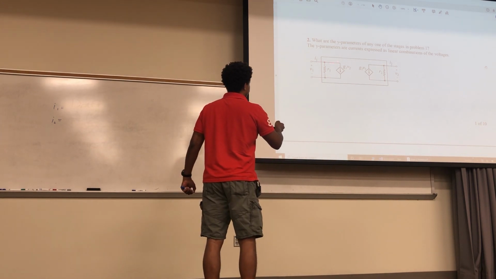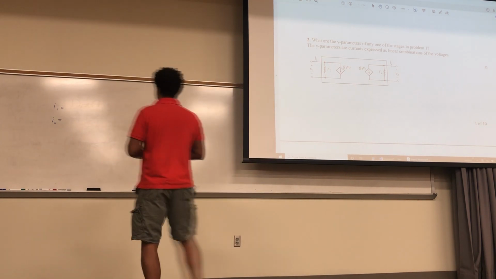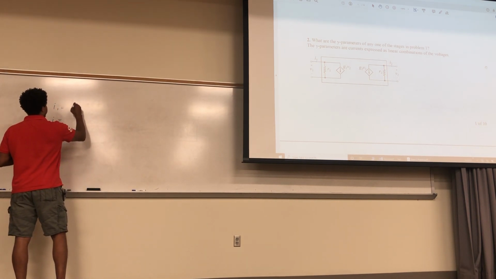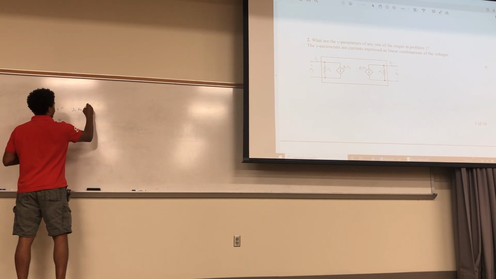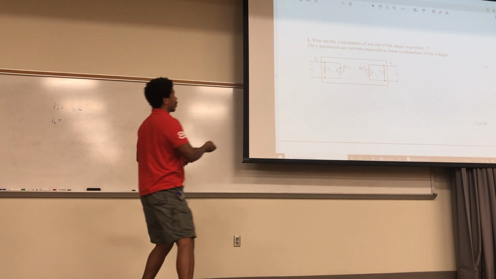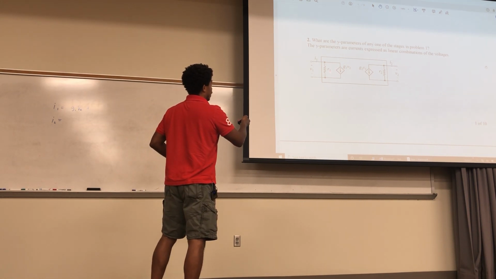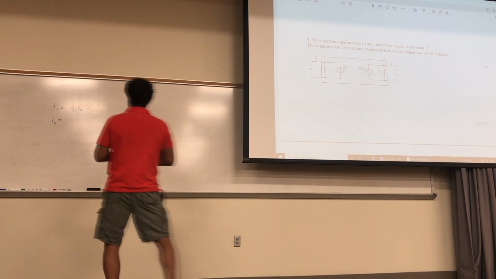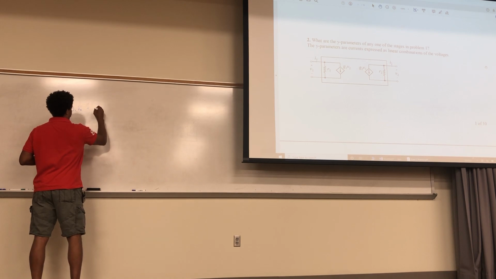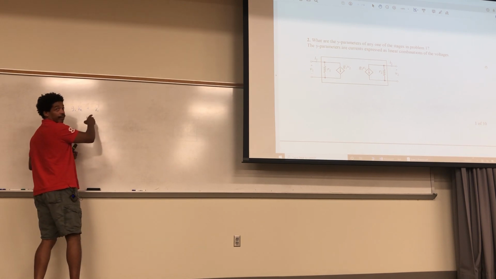So the current going in this direction is G1 V2. And the current going in this direction is 1 over R1 times V1. That's what that G is, so this is the conductance right here.